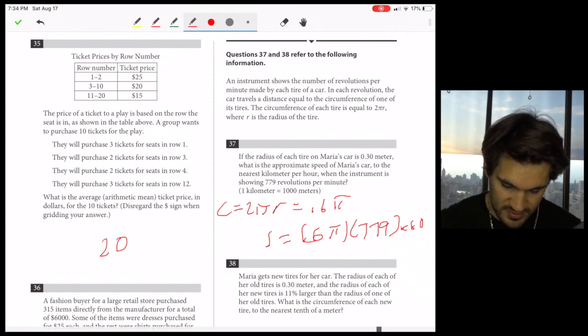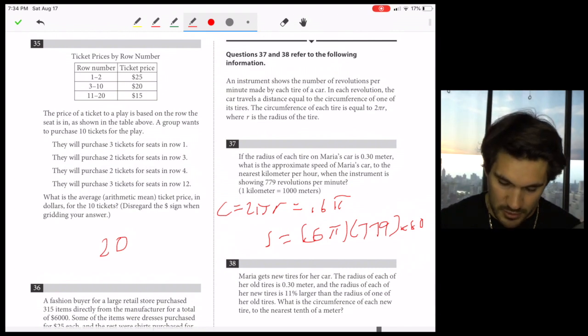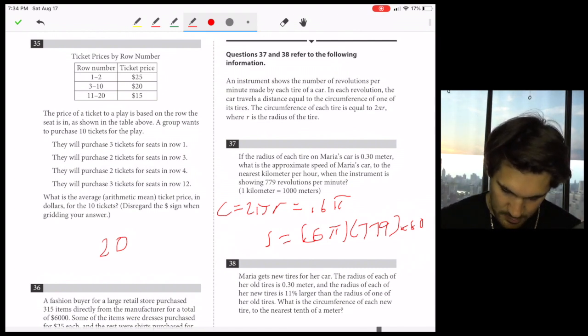Versus meters, because right now the circumference of the tires is 0.6 pi meters. So we have to divide this by 1,000, which will give us 88.